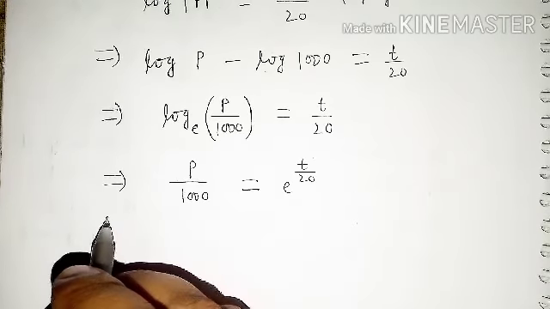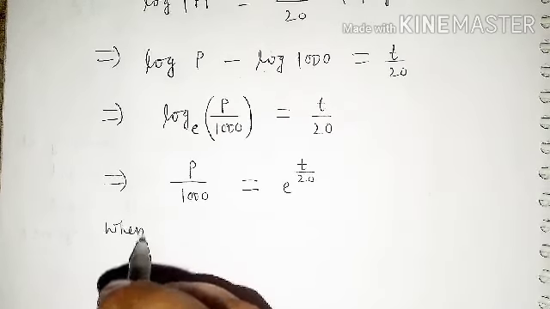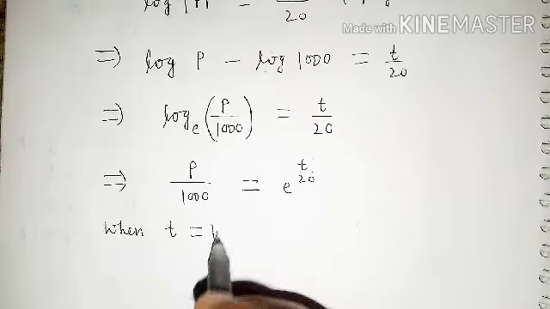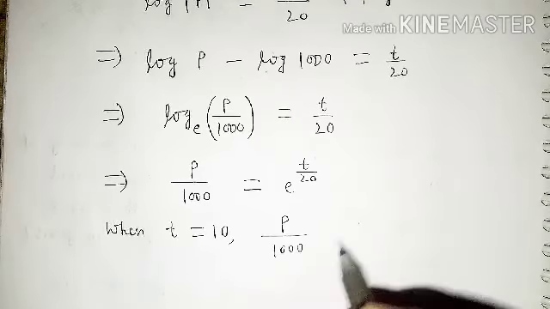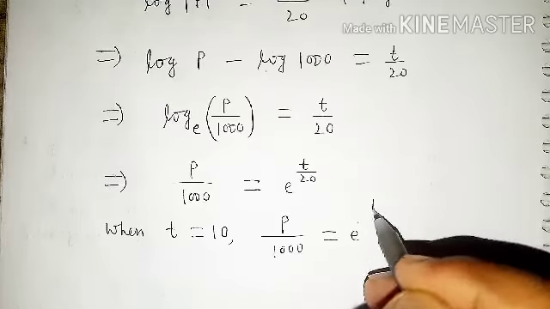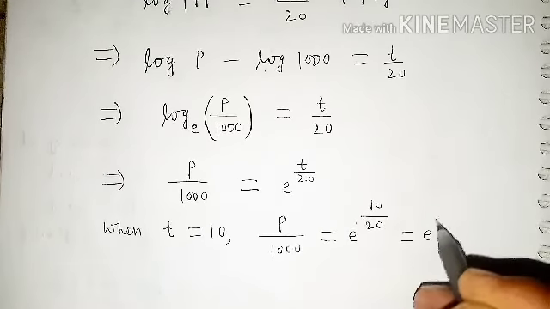We have to find P when t is equal to 10. So when t is equal to 10, we have P by 1000 is equal to e to the power 10 by 20. We have e to the power 0.5.